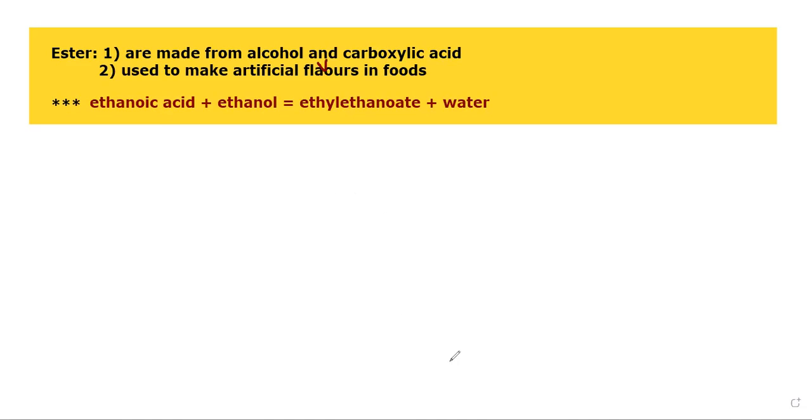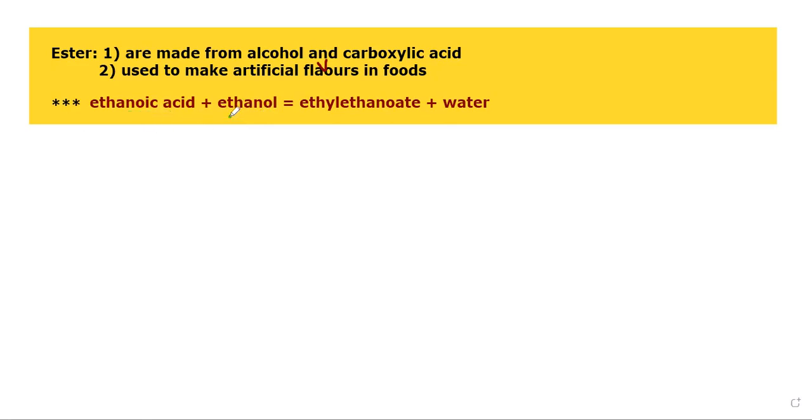So, how are we going to make this ester? If we just mix an alcohol and a carboxylic acid, then we are going to get an ester. For example, if we mix ethanoic acid and ethanol, ethanoic acid is a carboxylic acid, and we have ethanol as alcohol.